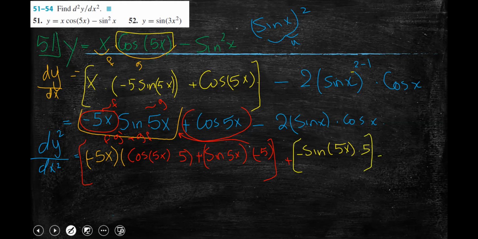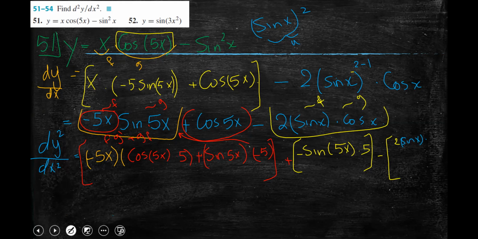Then minus, let's now find the derivative of 2 sine x cosine x. This is using the product rule. Let's say this is f, and this is g. So the first function f times g prime.